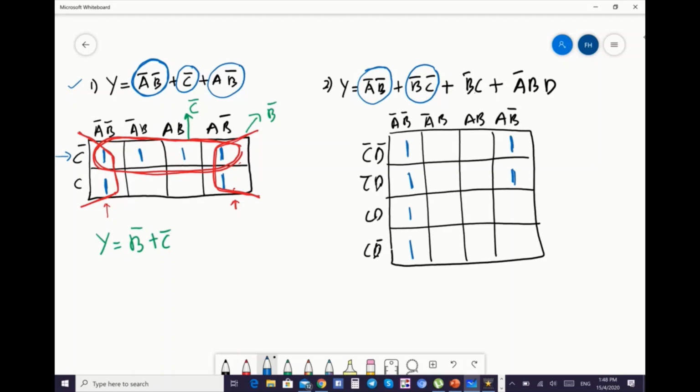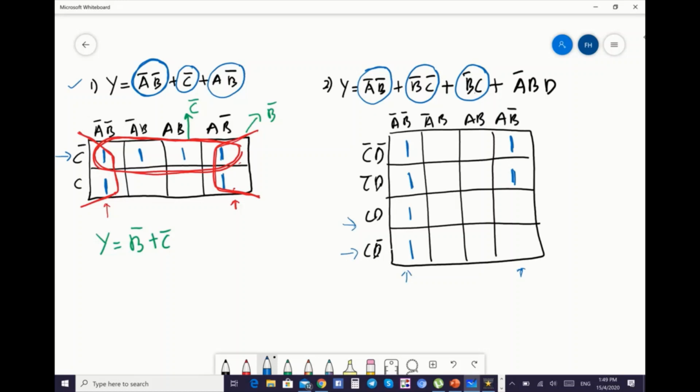Okay. And then next, B bar and C. You need to find which cells have B bar and C. These 2 rows have C, and these 2 rows have B bar.